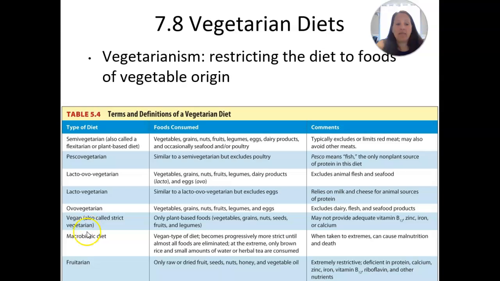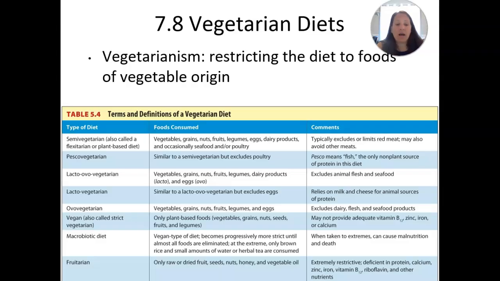Okay. Next one is macrobiotic diet. This is a vegan type diet. It becomes progressively more strict until almost all foods are eliminated. At the extreme, only brown rice and small amounts of water or herbal tea are consumed. That is not a good diet to follow at all. This would be an extreme diet. It can cause malnutrition and even death.